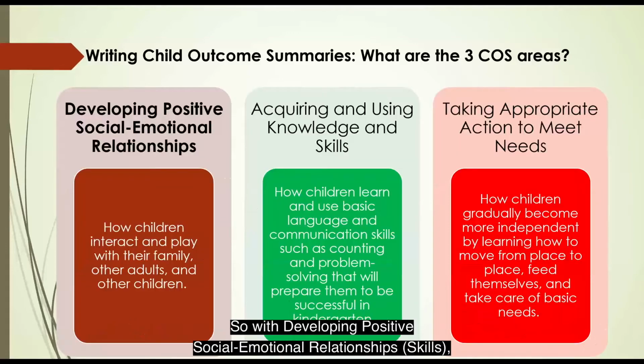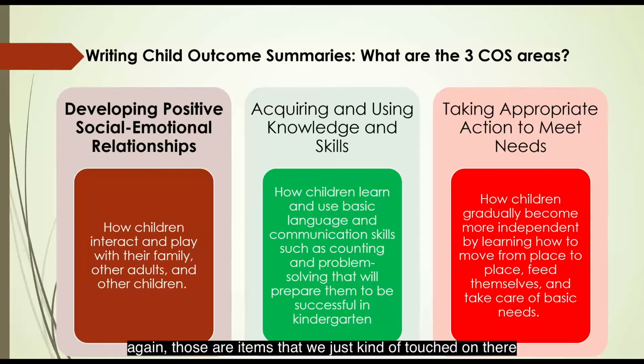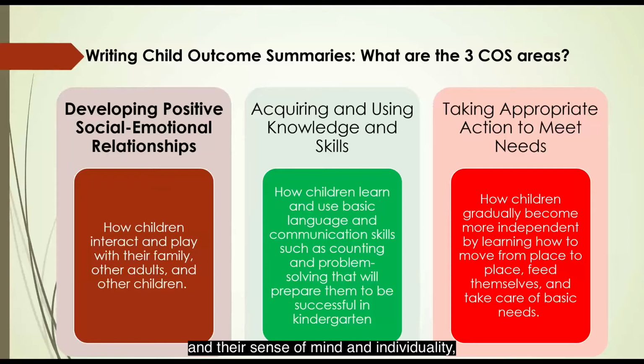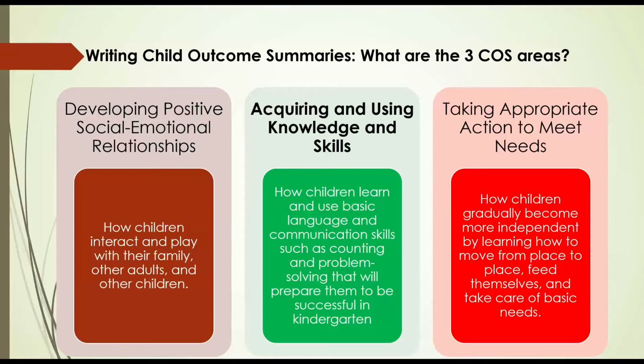So with developing positive social emotional relationships, again, those are items we just kind of touched on from our cheat sheet, but they're really about interacting with others, and identification of emotions and themselves and their sense of mind and individuality as they get older.